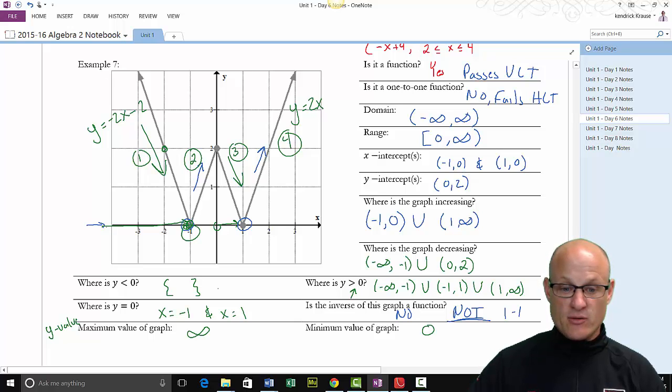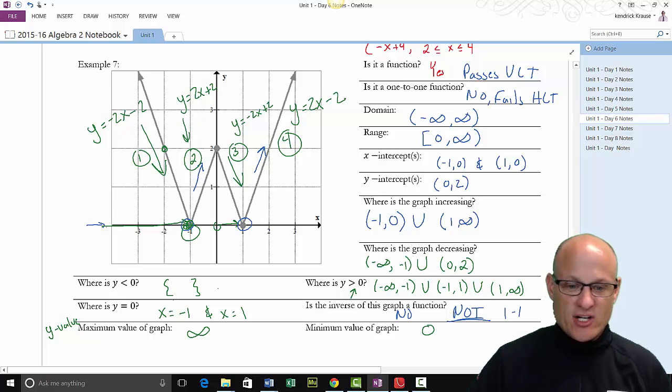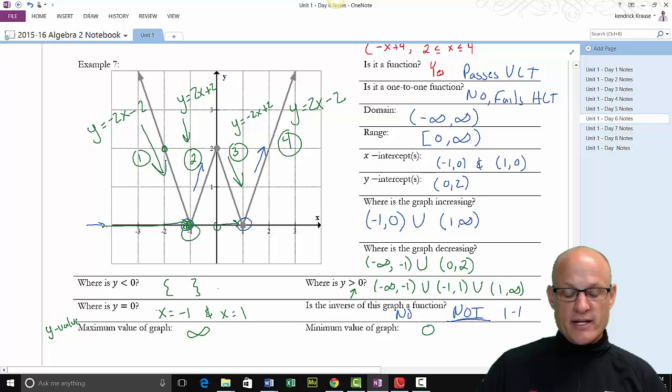And if you notice, as we go backwards, it's going to have the same y-intercept as the other one, so minus 2. The equation of piece 2 is y equals 2x plus 2. And the equation of piece 3 is y equals negative 2x plus 2. Got that? So it's got 4 pieces. And its cutoffs are at negative 1, 0, and positive 1, 0.